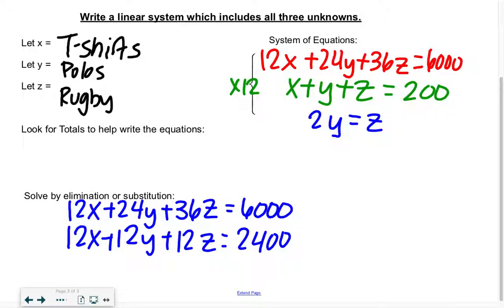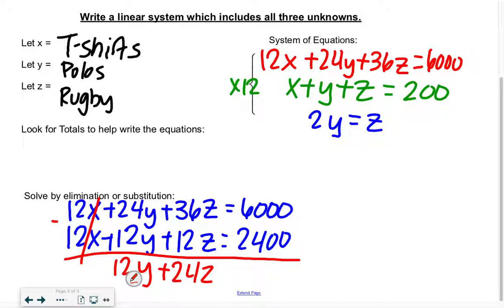What should I do with those? Minus. What happens with x's? 24y minus 12y. 36 minus 12, 24z. 6,000 minus 2,400 is 3,600.